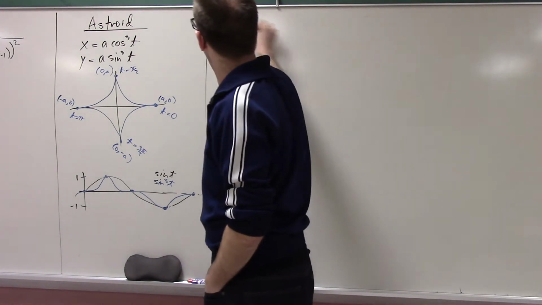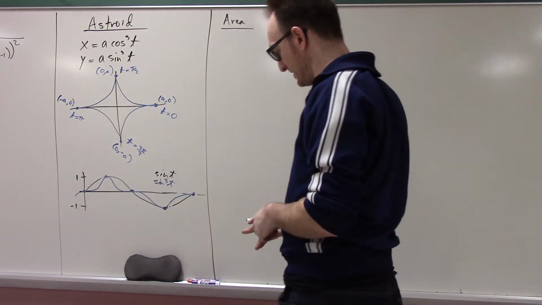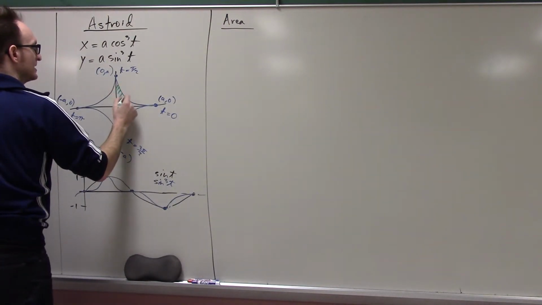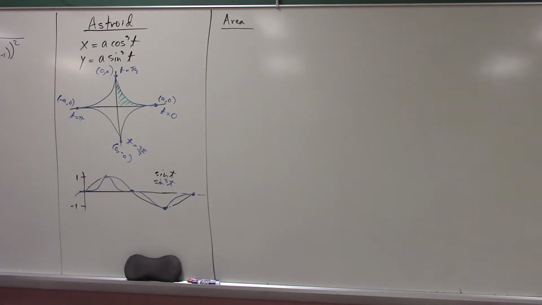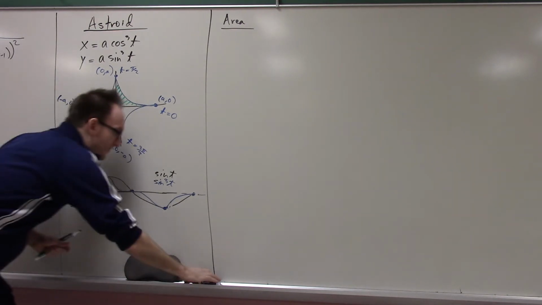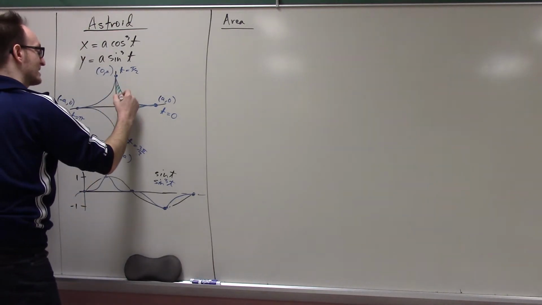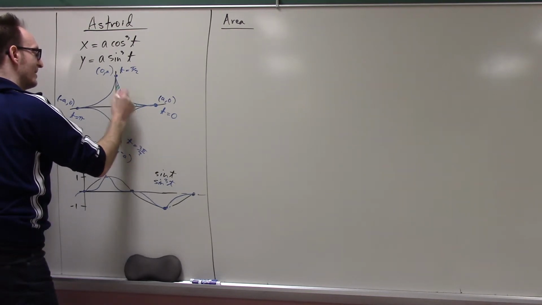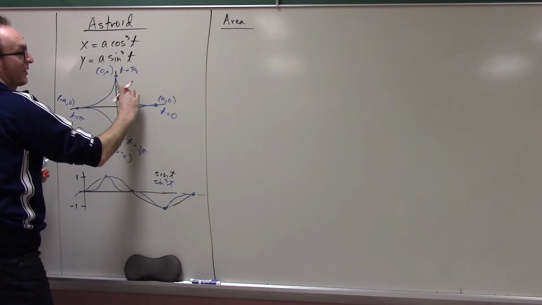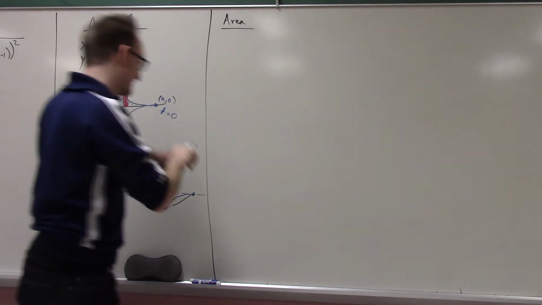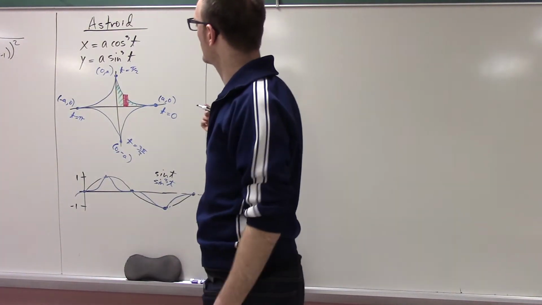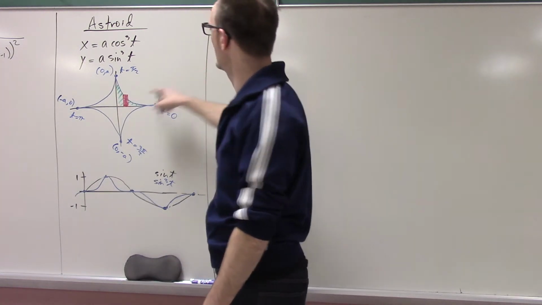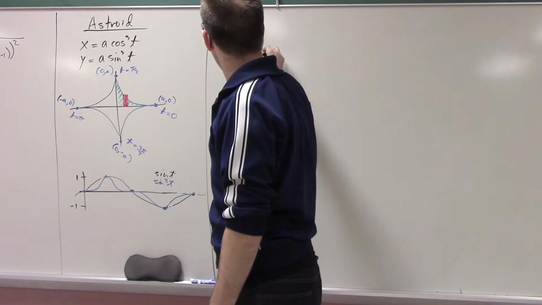Area. Well, how do I find the area of this? Well, I'm just going to find the area of one of these quarters and then multiply by 4. Basically you draw a little representative rectangle, and the dimensions of that representative rectangle are y and dx. So the smooth way of doing these problems is just to realize I need to add up a bunch of things that are each y dx.